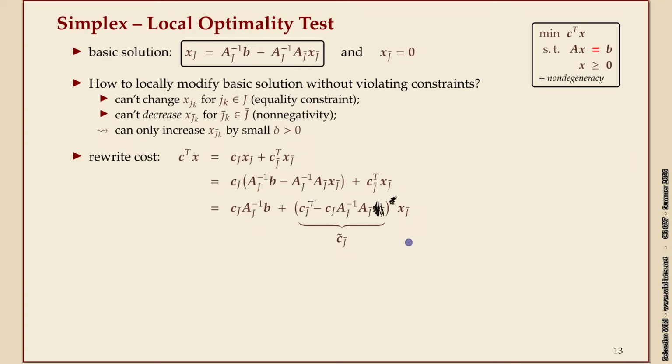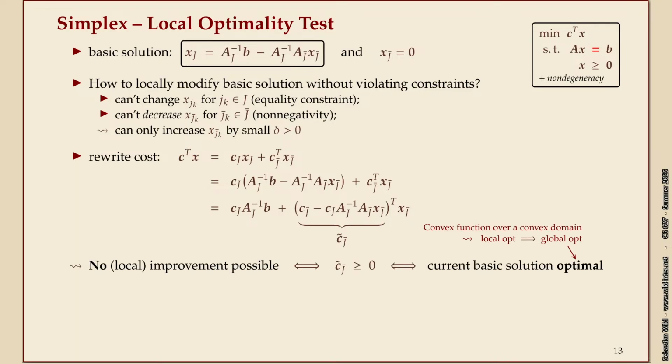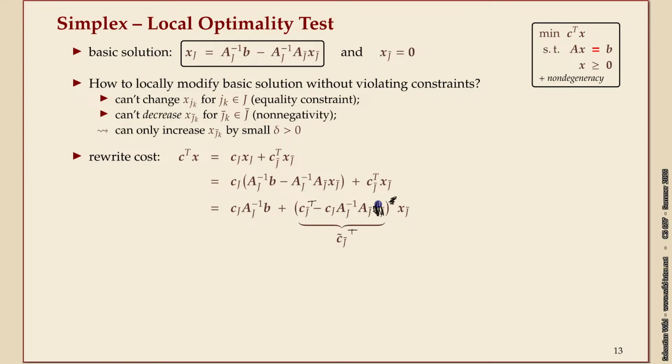The key point here is this is some vector Cj bar. So this is transpose now. You get a new set of coefficients for an objective function, and the overall objective function. Okay, I'm staying here on the corrected slide.